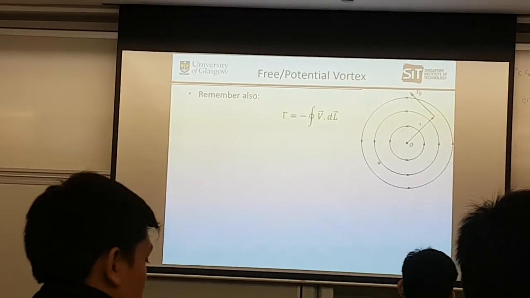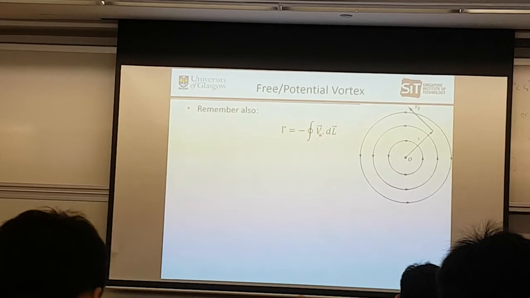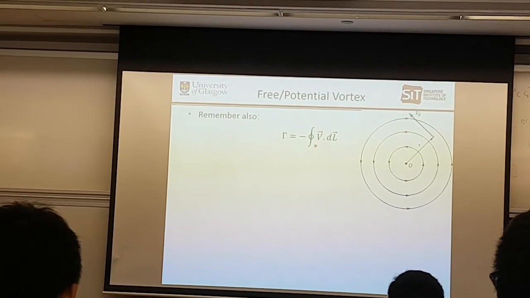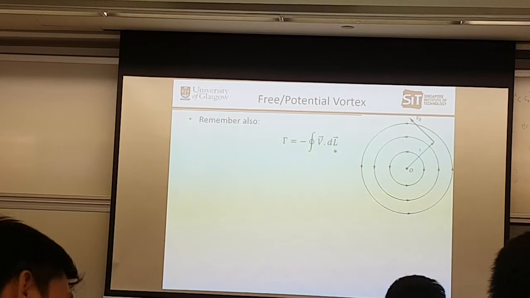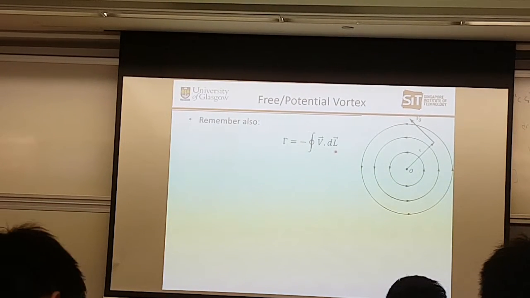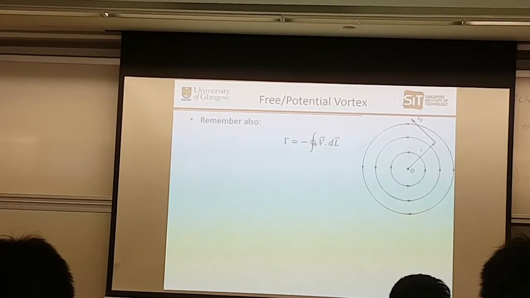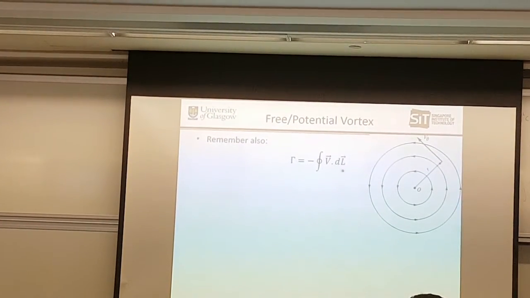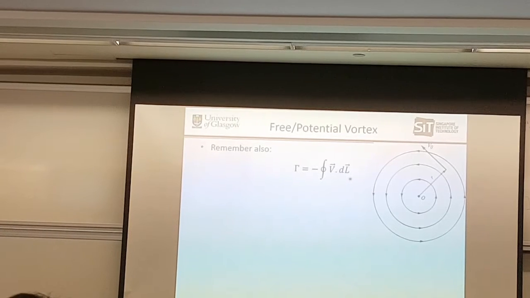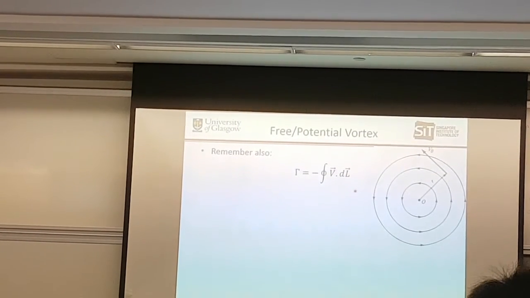Because this is a vortex flow, what is this V equal to? VR, V theta, or both? What is your VR equal to for this flow? 0. Therefore my V can just be equal to my V theta. Now what is this dl equal to?